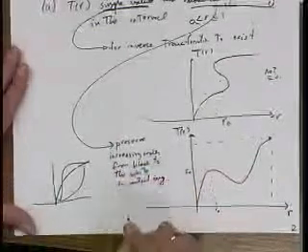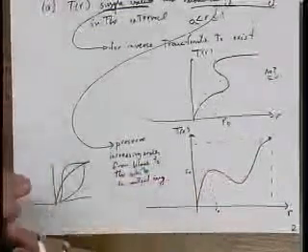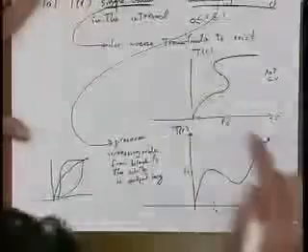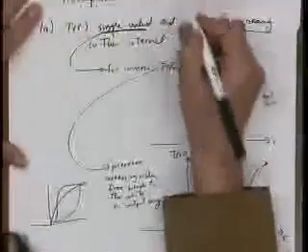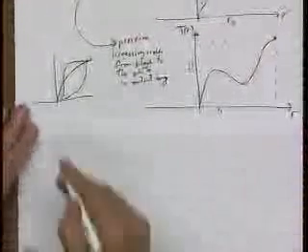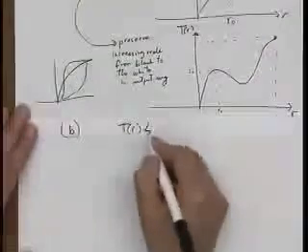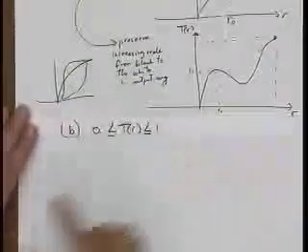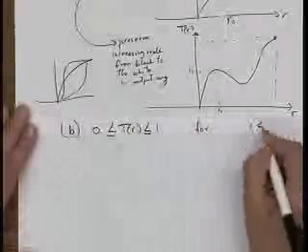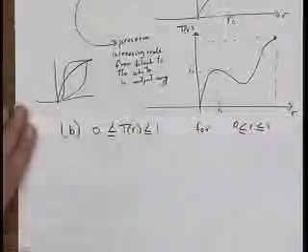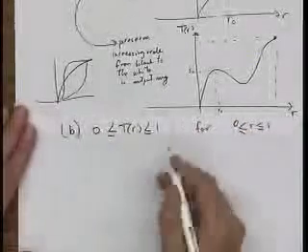Okay. And so this is condition A. We're assuming that our transformation satisfies these conditions. And then condition B is that we want T of R between 0 and 1 for R between 0 and 1. Why do we want that to be true?